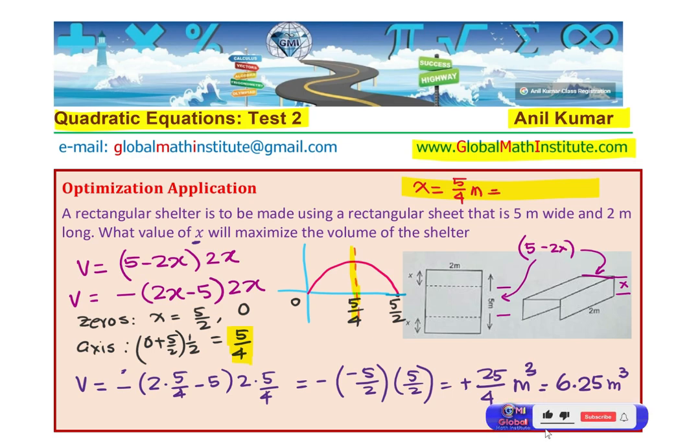Or you can say 1.25 meters. So from each side, we have to take 1.25 meters to get the maximum volume. So the answer actually is that the value of x will be 1.25 meter. However, it has been extended to also find the volume.